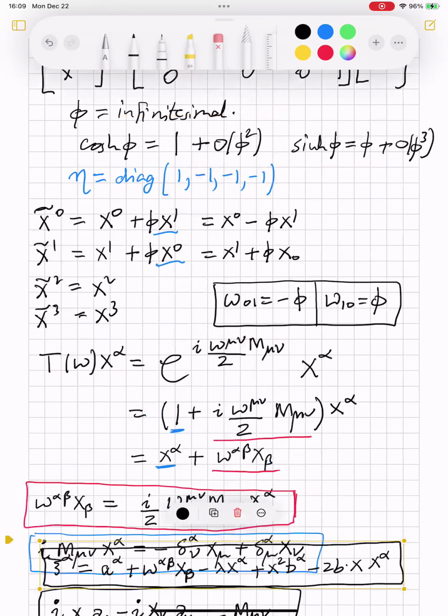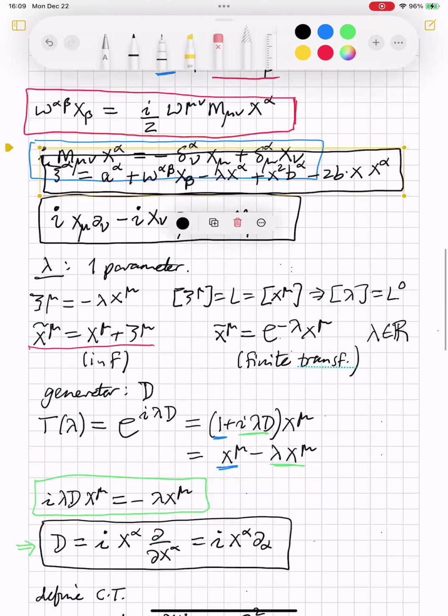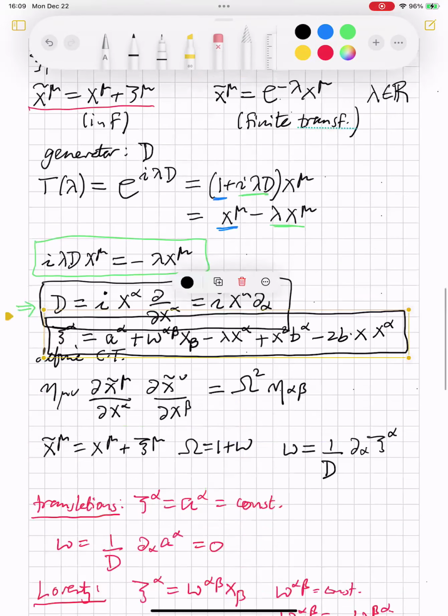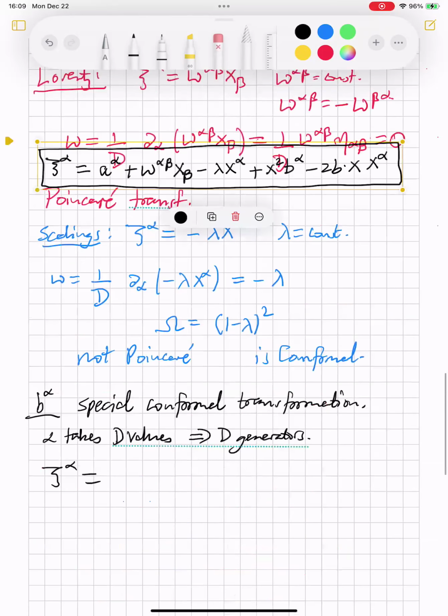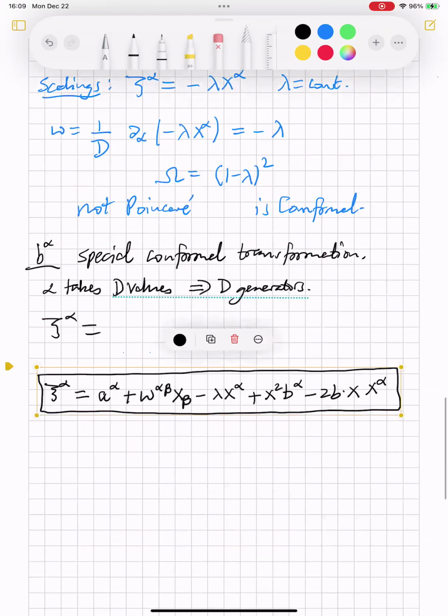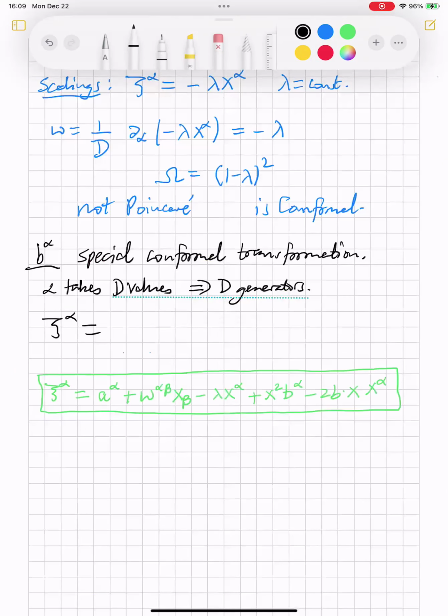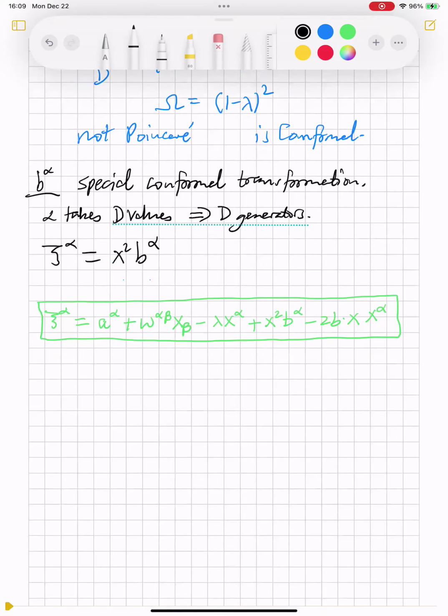So if we are looking at the special conformal transformations, we set all of the other parameters to 0. So A alpha we set to 0, omega alpha beta we set to 0, lambda we set to 0. We keep only the B. And zeta alpha will look like x squared B alpha minus 2 B dot x, and then multiplied by x alpha.